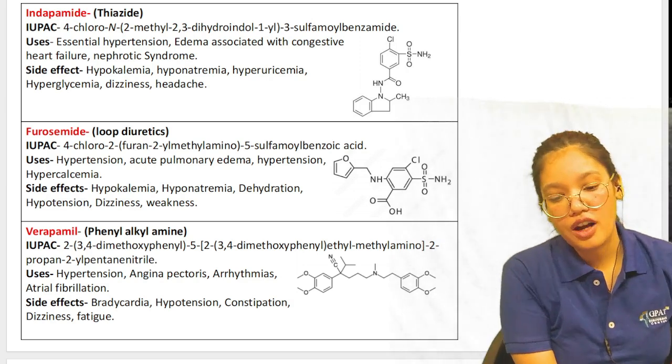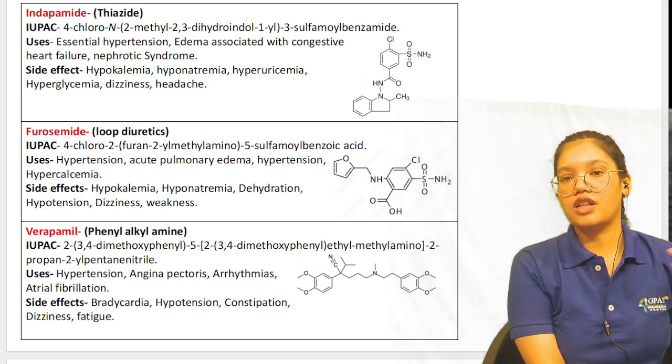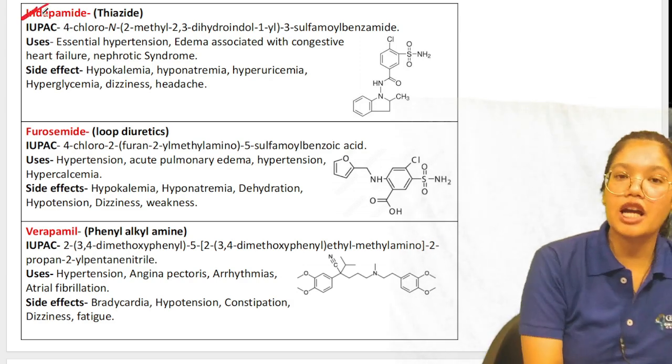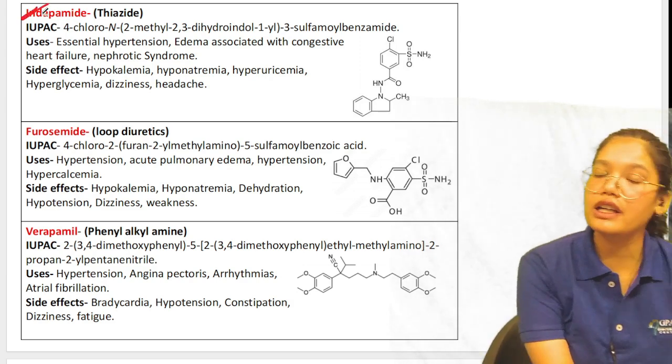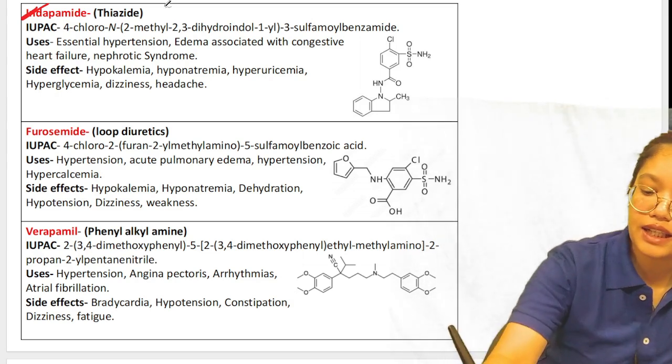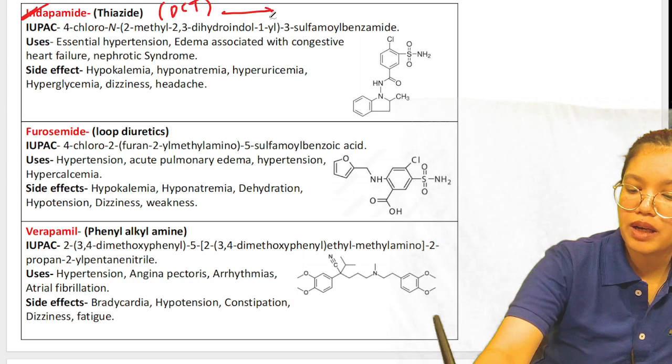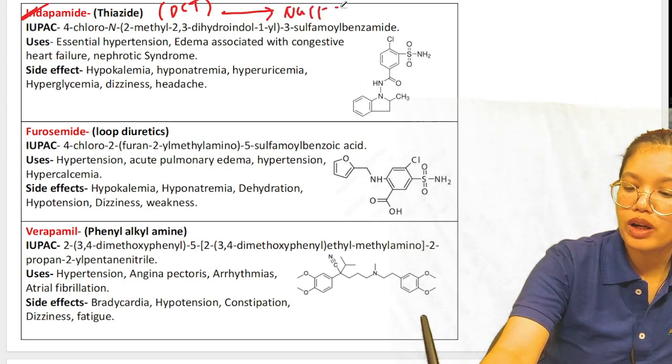Now next class we have the diuretics, indapamide. Okay, this is a type of thiazide diuretic. So thiazides basically act on the distal convoluted tubule, and they act by blocking the sodium chloride symport.